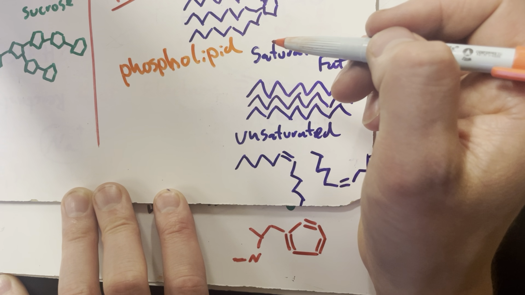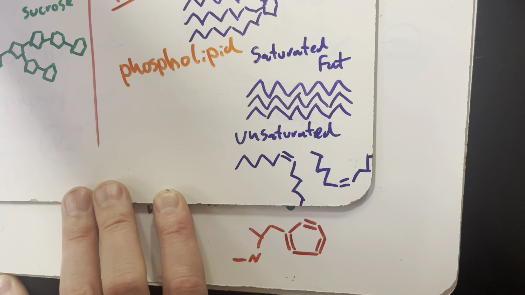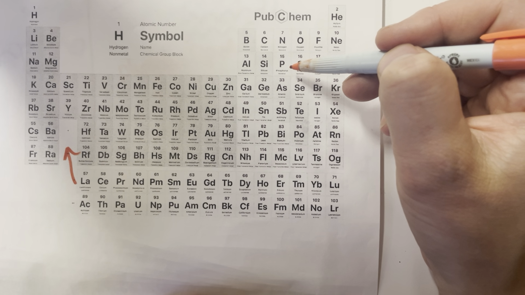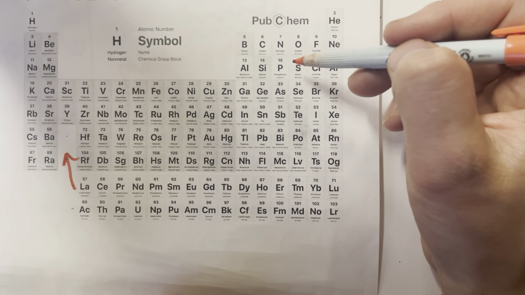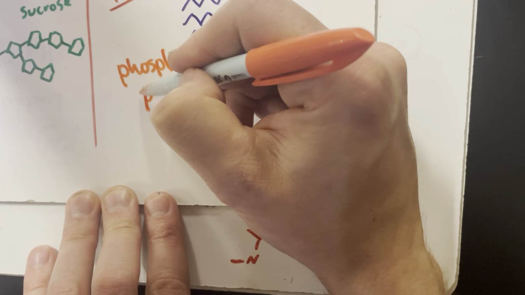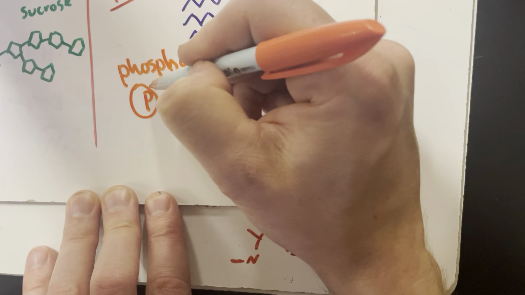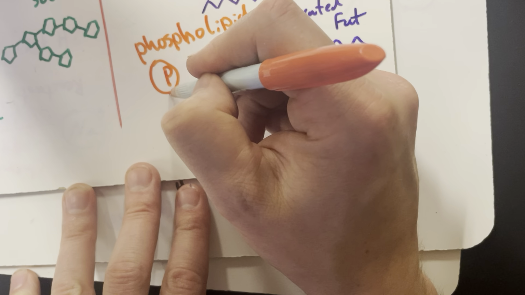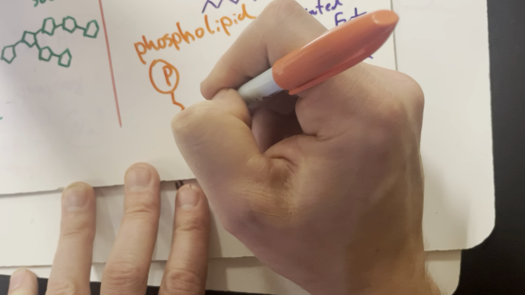What element? Does anyone know what the P represents here? Element called phosphorus. Hopefully you've heard of phosphorus before. This phosphorus is bound to a bunch of oxygens. It's really, really polar. But it's also connected to a pair of lipids.